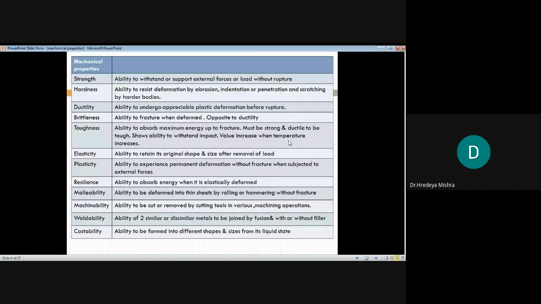After the elastic limit, plastic deformation is generated. That means we apply the load on the component, it shows some deformation, and when we remove the force, the material doesn't regain its original position. That is called the plasticity.